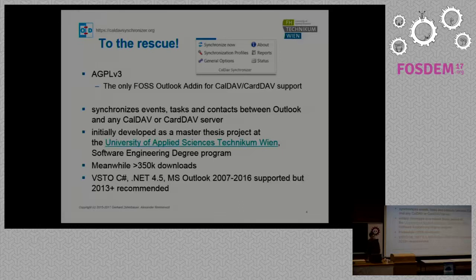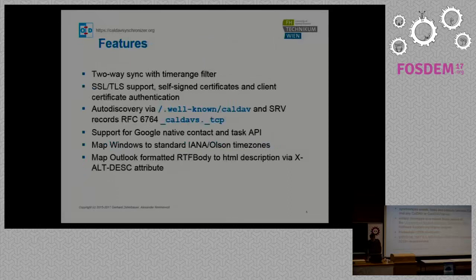Let's come to the main features. Of course, it's possible to have a two-way synchronization. A nice feature is time range filtering, which can drastically reduce the amount of traffic and synchronization time, because it's rather useless, for example, to synchronize 3,000 events which lie 5 years in the past.